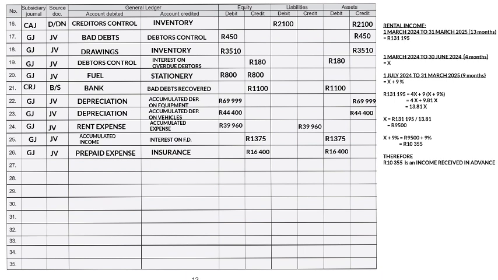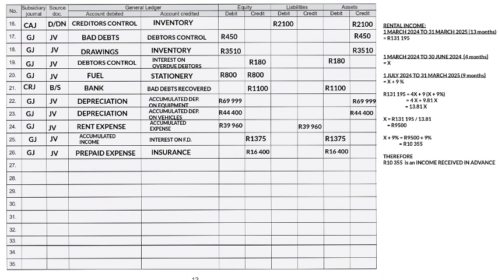So we are going to say 131,195 Rand equals 4X, that was the period 1 March to 30 June before the increase, plus, for 9 months in brackets, X plus 9% more. So if we calculate, we get 13.81X. Now we divide 131,195 by 13.81. So the value of X is 9,500 Rand.